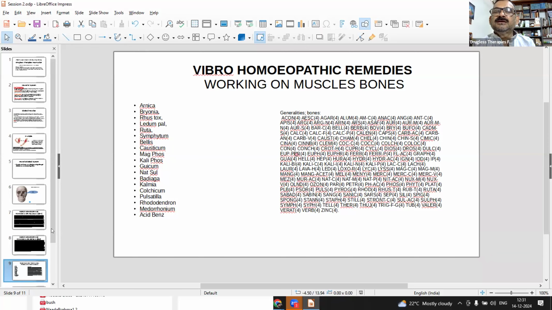I will show you right now with that app how we can filter. I have just filtered out the bone remedies of the 4th grade, meaning those most frequently affecting our bones.